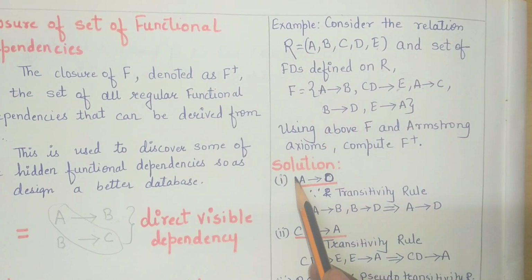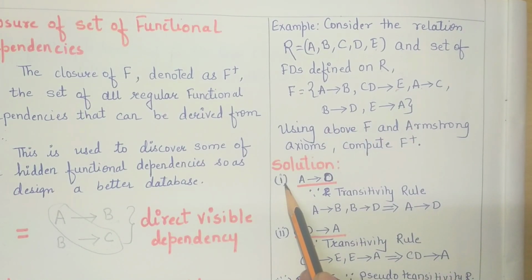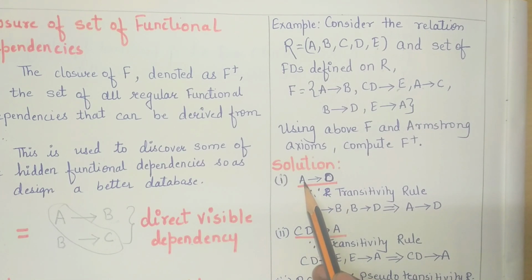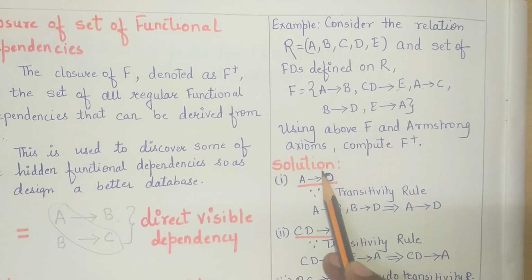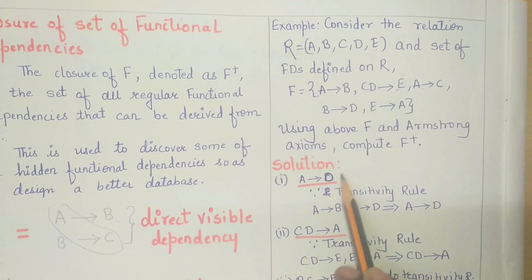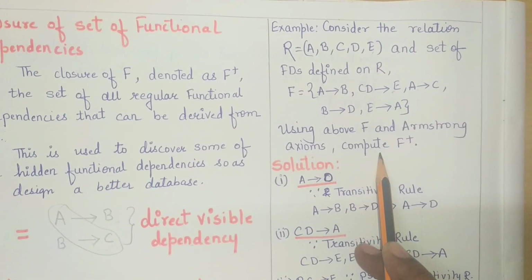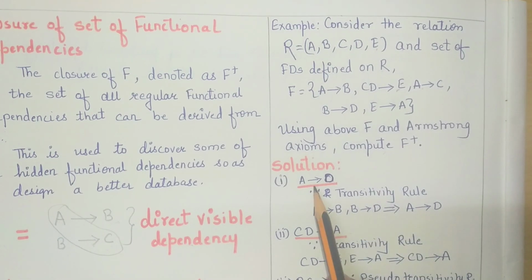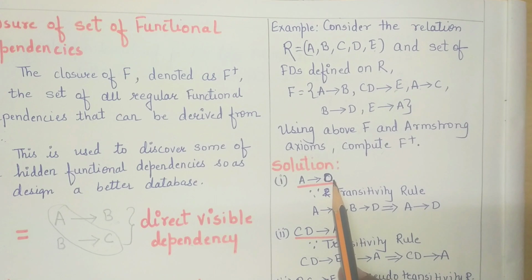The very first functional dependency is A determines D. This is a hidden functional dependency which will be added into the F closure. How have we got A determines D?